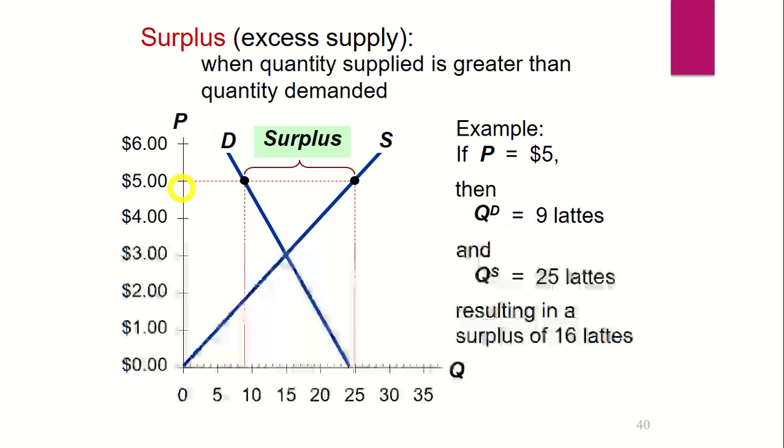If the price increases from $3 to $5, that means lattes become more expensive now. So demand decreases from 15 to 9 units. A consumer is now buying 9 lattes at price $5.